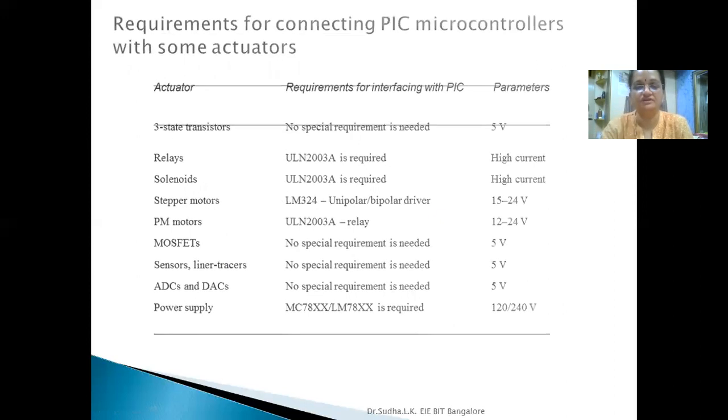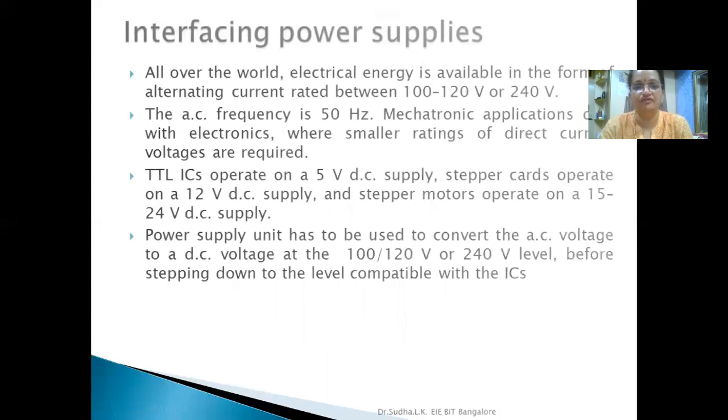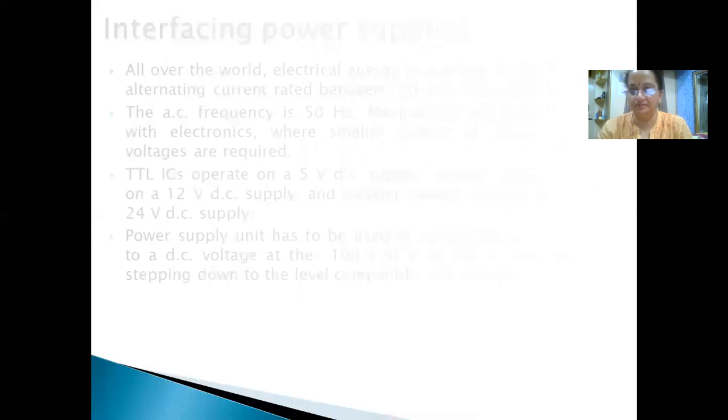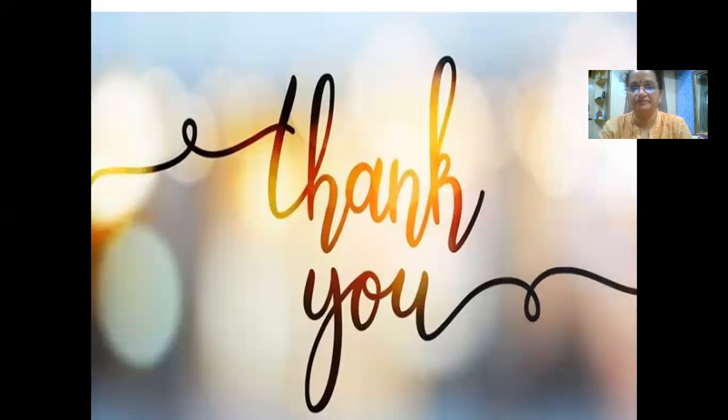After this, especially for interfacing of power supplies, you know that in each and every mechatronic system, the power supply is very much necessary. In the previous part we had only 0 to 5 volts to generate 0 and 1 type of signal, a low level signal as well as a high level signal. What about the other set of values when you are going to get a purely analog type?